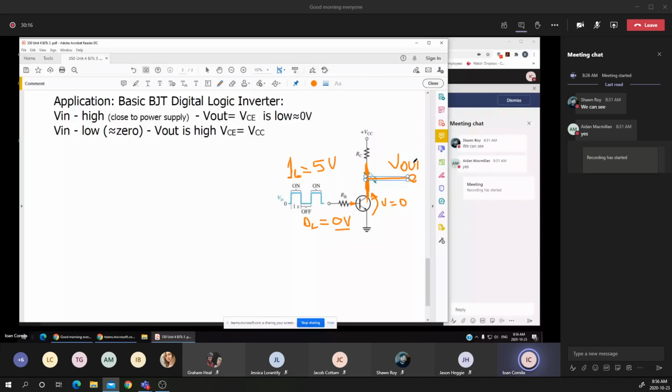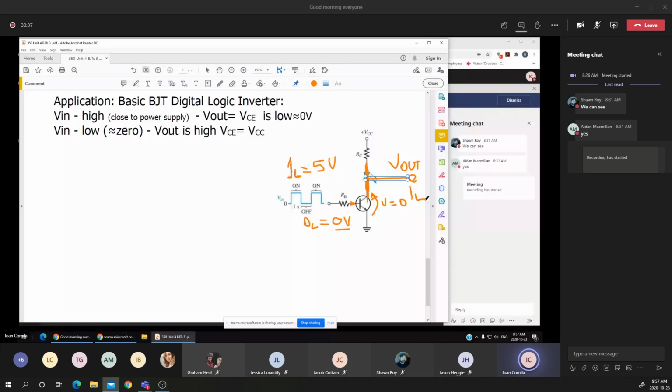Okay, again, I'm going back to the introduction to digital logics. I'm applying the 0 volts, or the 0 logic. The output will be one logic, or the voltage is maximum.